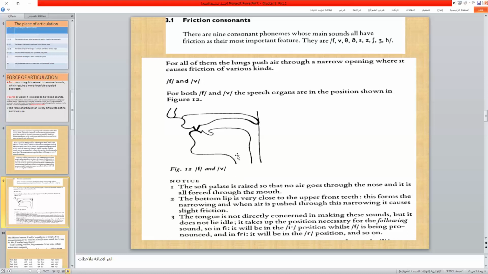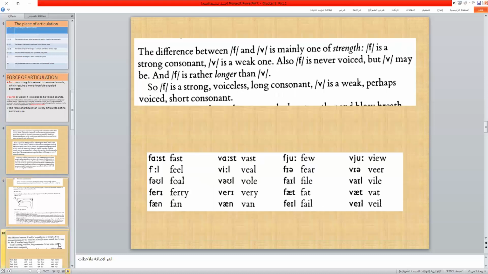It takes up the position necessary for the following sound, for example the ee in fee or the re in free, and so on. The difference between f and v is mainly one of strength. F is a strong consonant. V is a weak one.